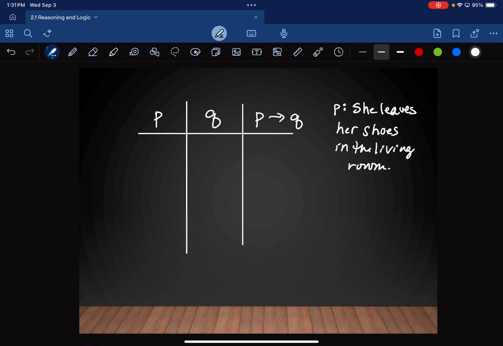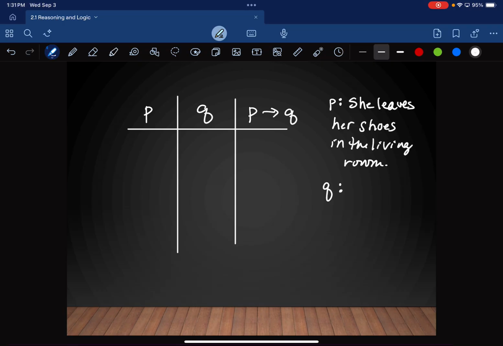That's my column P, or my statement P. Q is going to be the statement: they get taken away. We have issues with shoes at my house. This is actually one of our house rules. We're gonna see how it works.